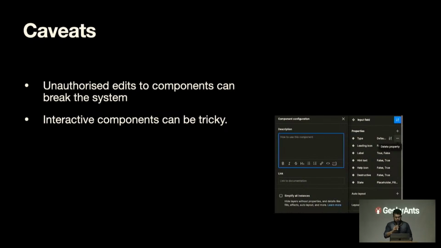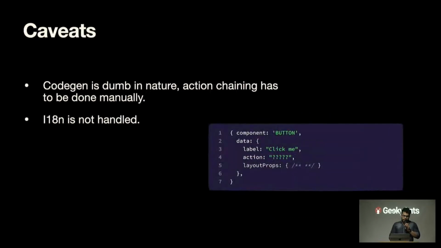So that will break the system, right? Interactive components can also be tricky because, hey, I maybe would not be able to generate an animated component. I might not be able to transpile it into an actual thing.